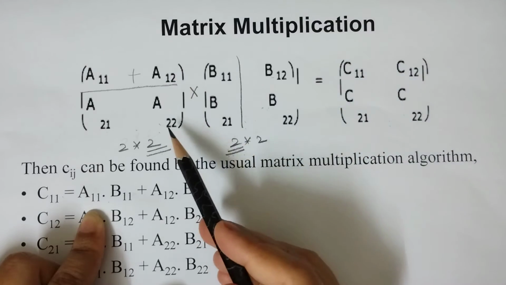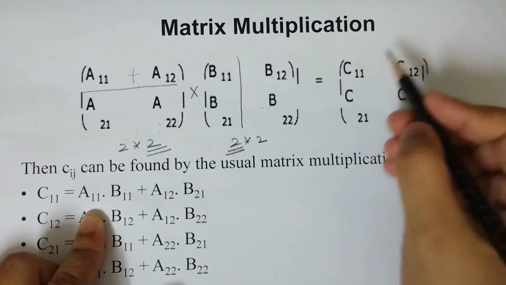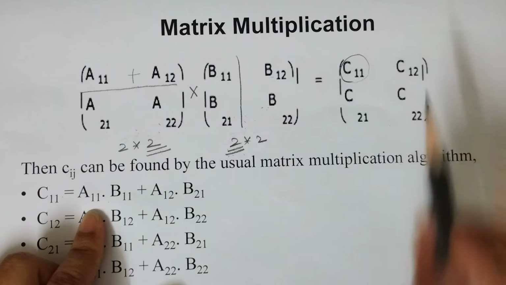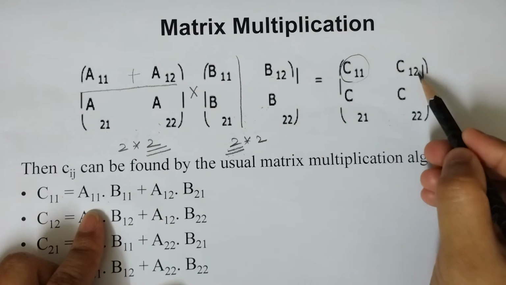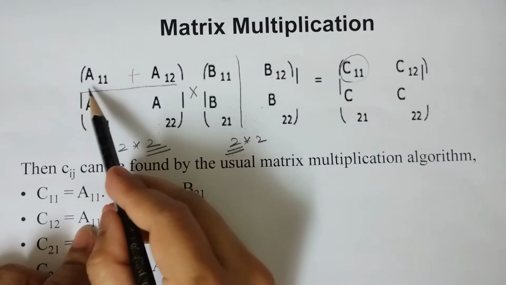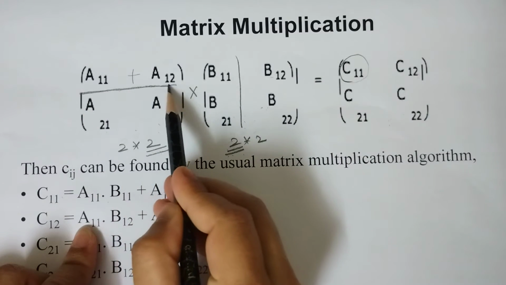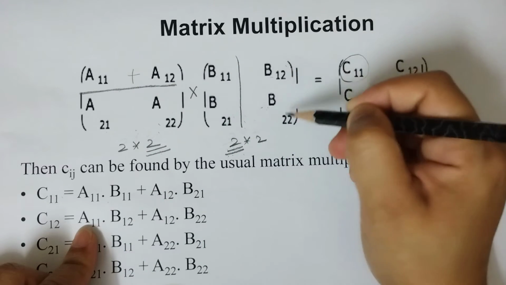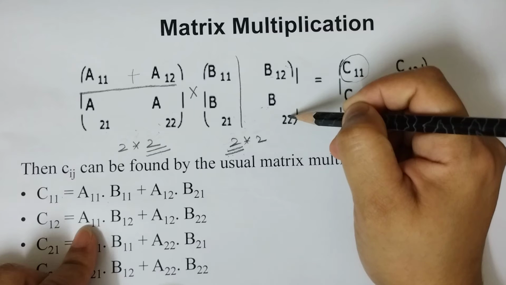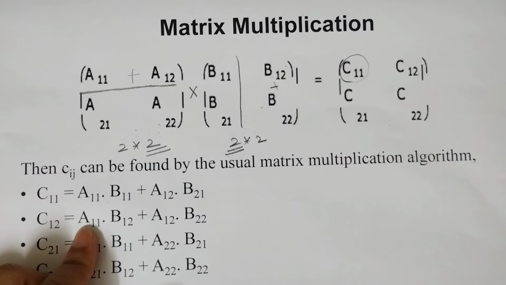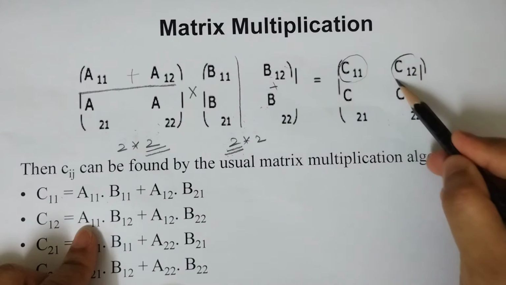Based on this, you generate the first value in the resultant matrix. Coming to this value, how do you compute C12? Again you consider the first row of this matrix, and this will be multiplied with these two values, that is the second column of the second matrix. Again these values will be added up and the result will be given here.